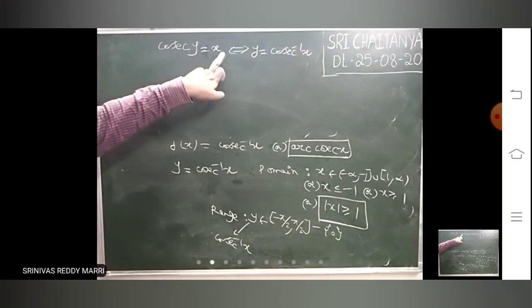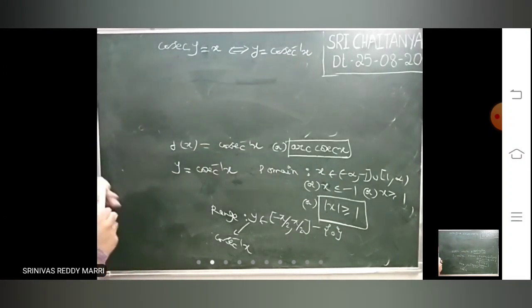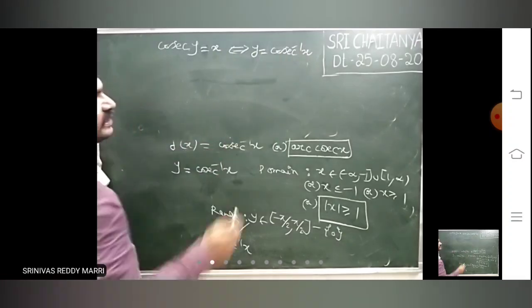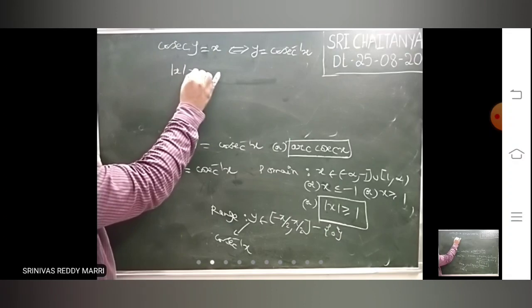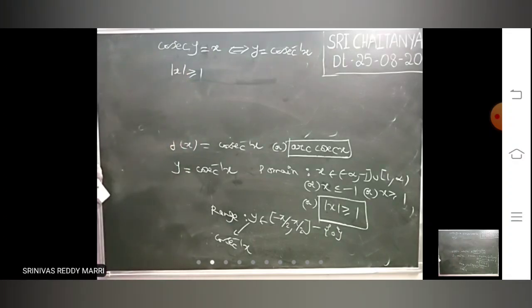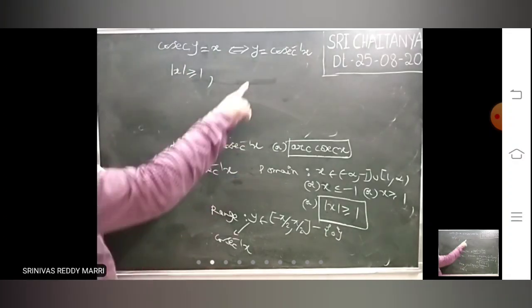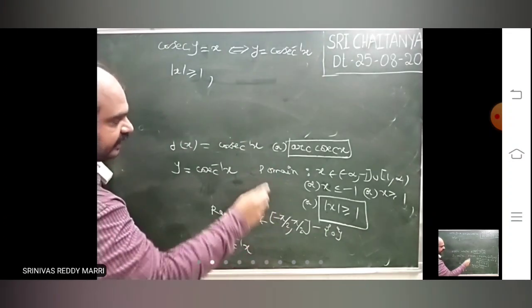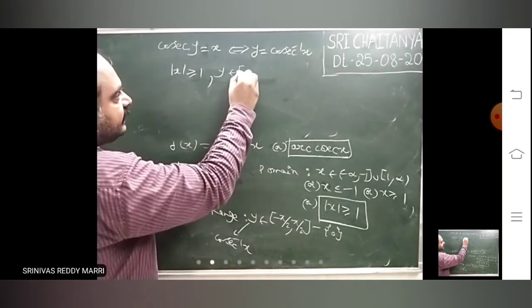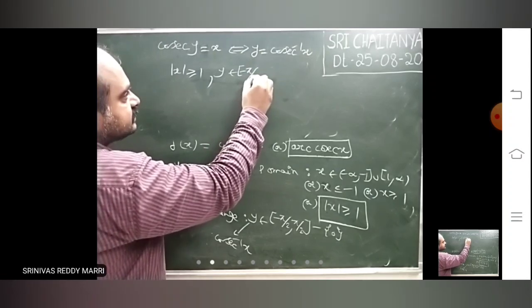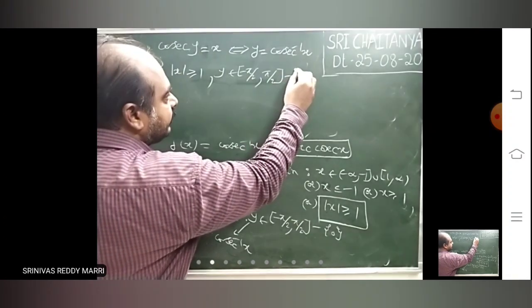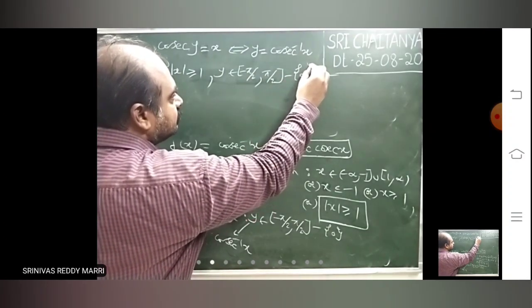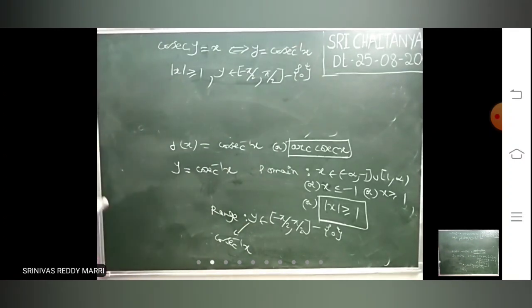If cosecant y equal to x, then y equals cosecant inverse x, provided this cosecant inverse x is defined. X is defined when modulus x is greater than or equal to 1, and the y value must be in the range minus pi by 2 comma pi by 2 minus 0. This is the range.